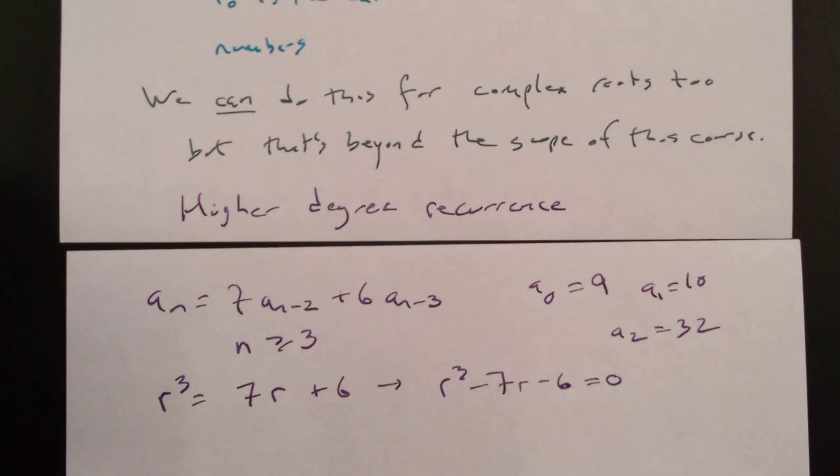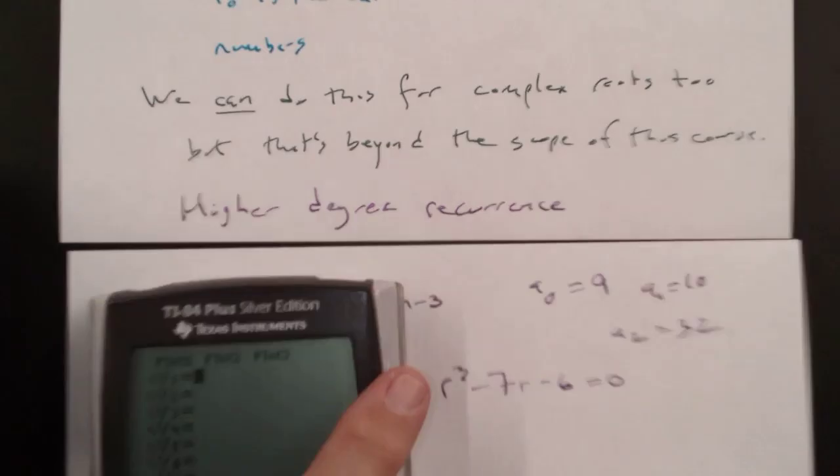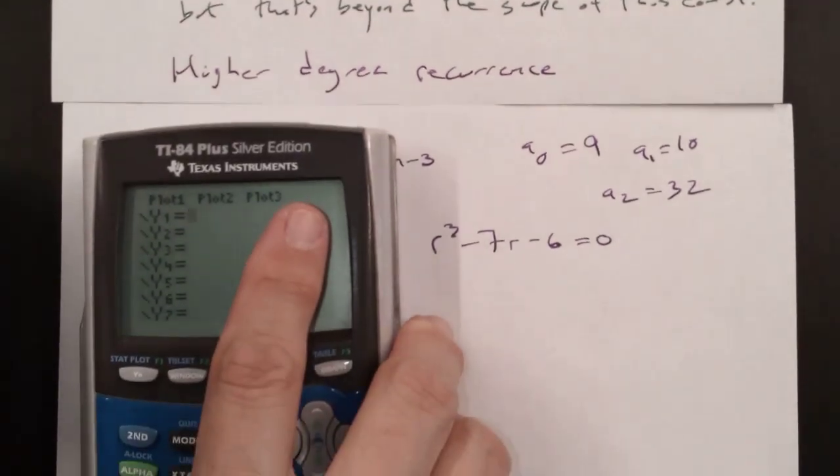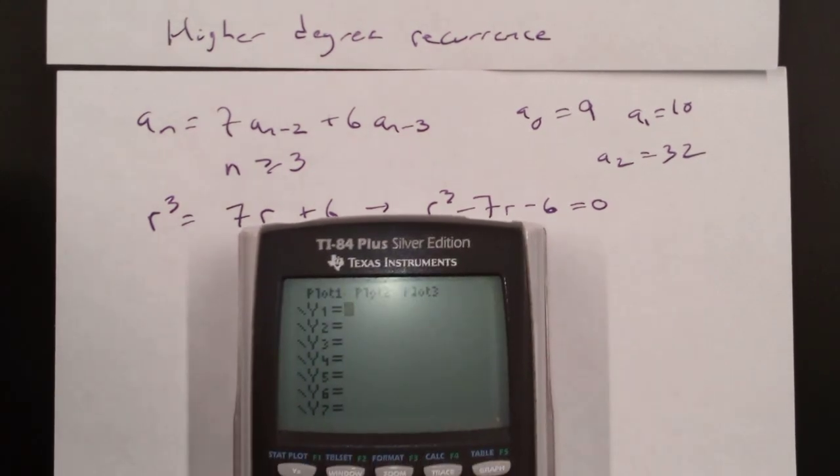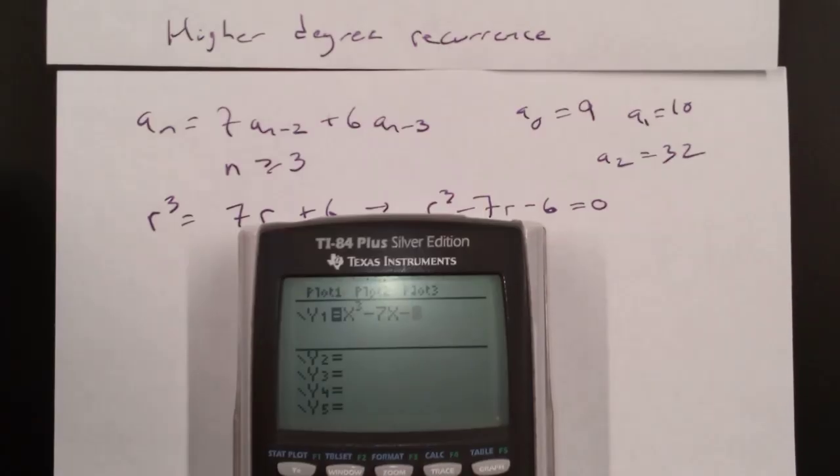I'm going to cheat, and you should too. Do you know the cubic formula? Cardano's formula, Tartaglia's formula for solving a cubic equation? Me neither. Graph this sucker. I can't see squat over there. We'll put it over here. x to the third minus 7x minus 6.